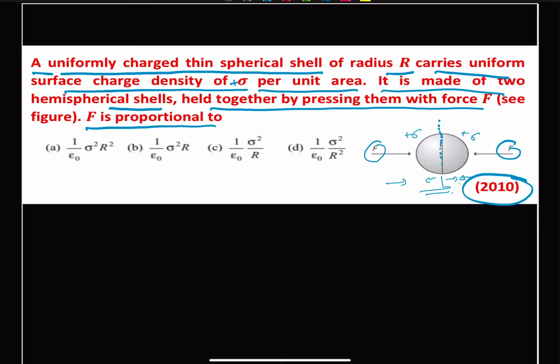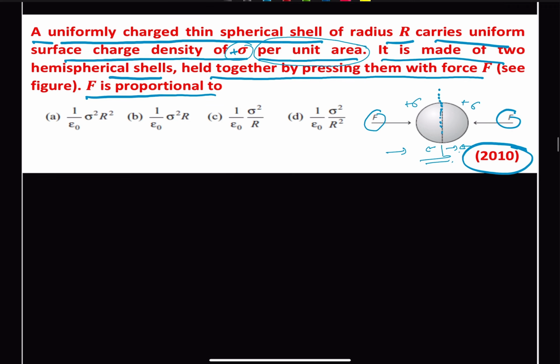First of all, we are going to find out the electrostatic pressure, or we can say force per unit area, because we are given the surface charge density, which is given per unit area. Therefore we start from there only.